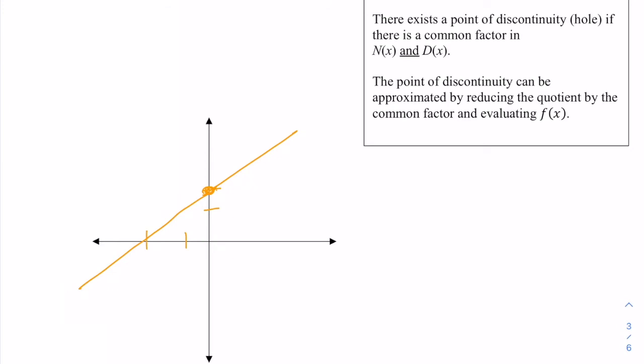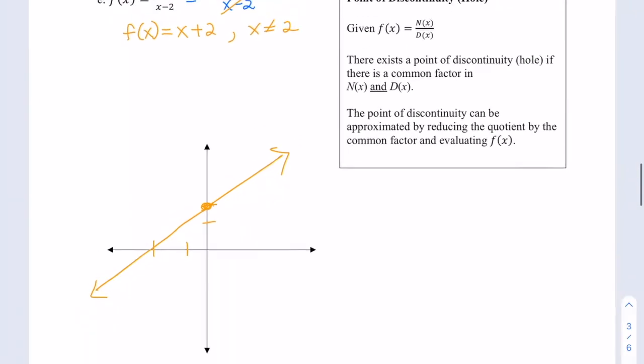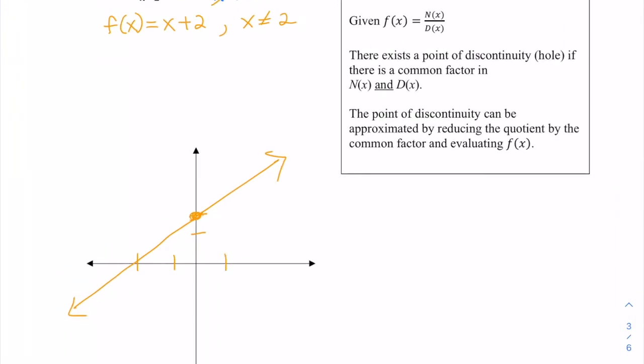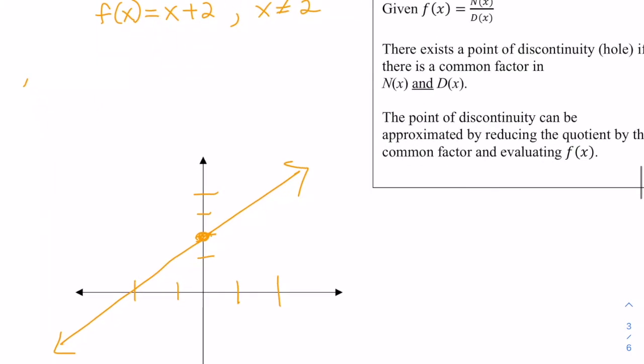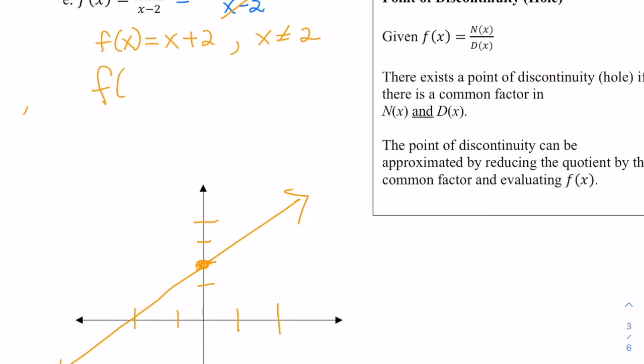But remember, we had that caveat here that x would not be able to equal 2. So what would that point be? Well, if we plug that in, that would be approximately 2, 4, right? If I plugged in f of 2, we would just get 4.